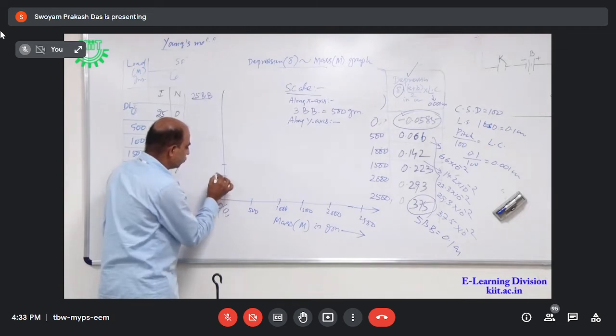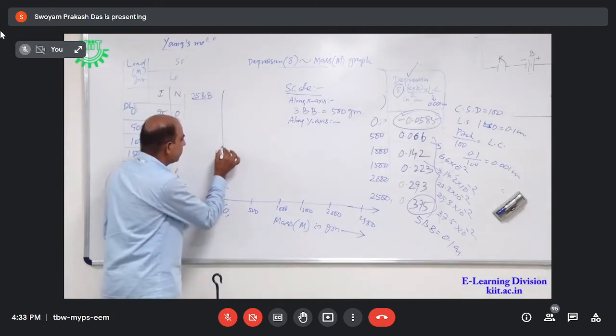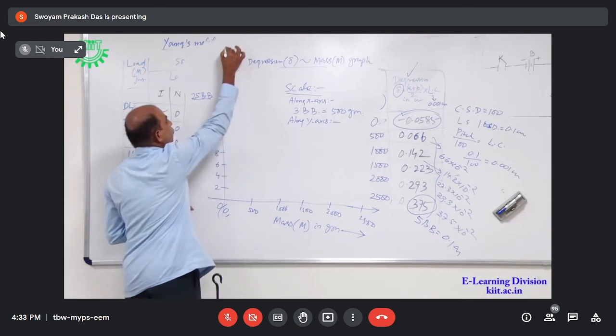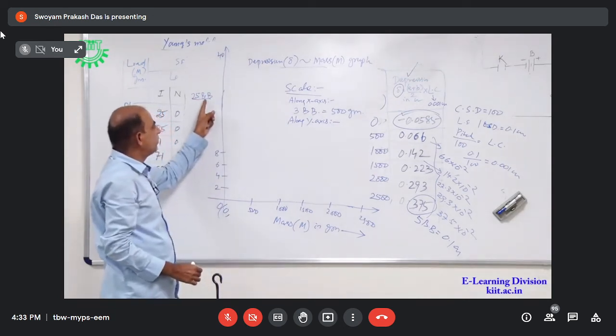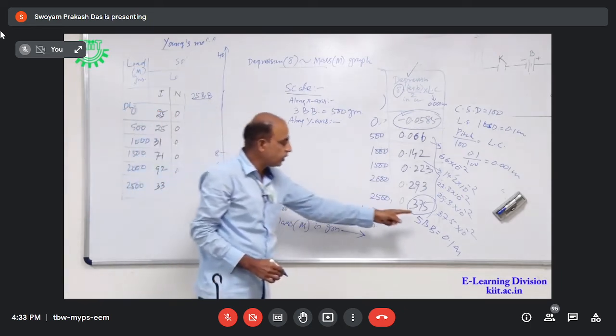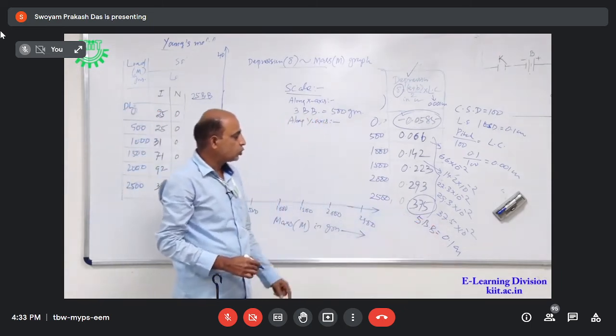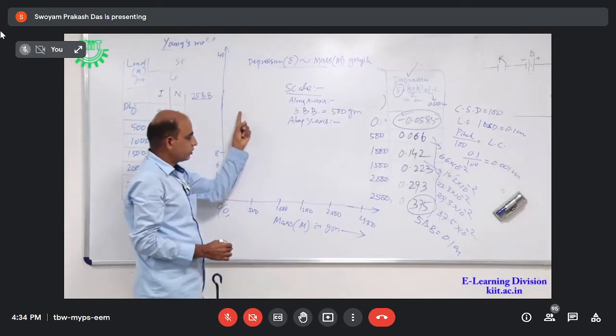We can start here 2, 4, 6, 8. In this way, we will go up to 40, because we will use 20 big boxes, because our last value is 37.5, so we can take up to 40.